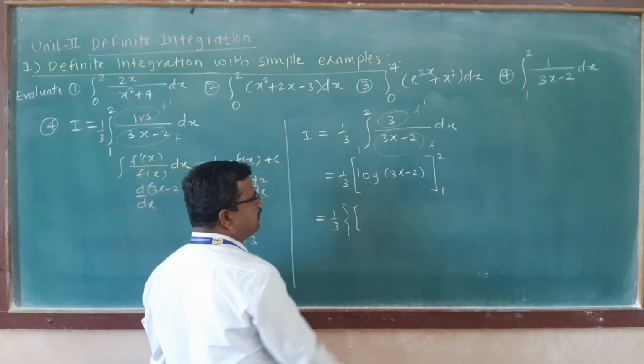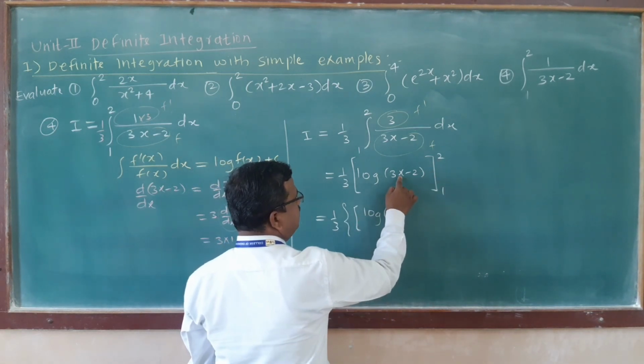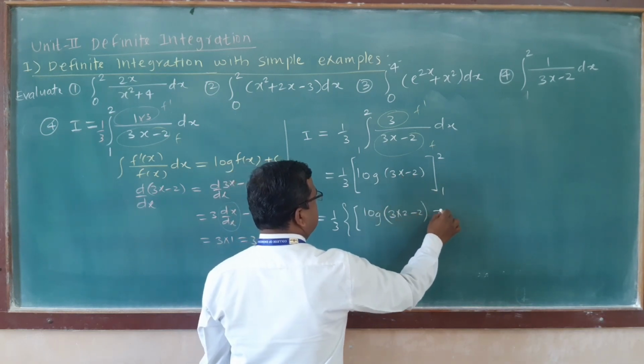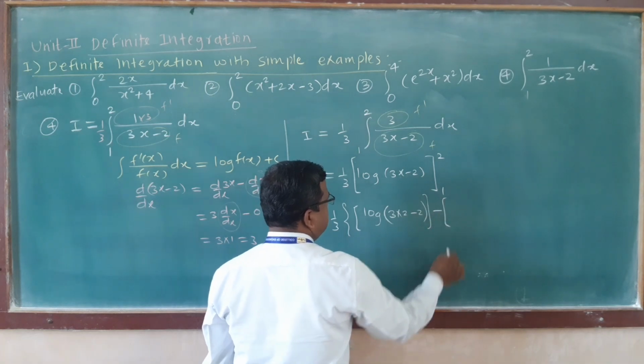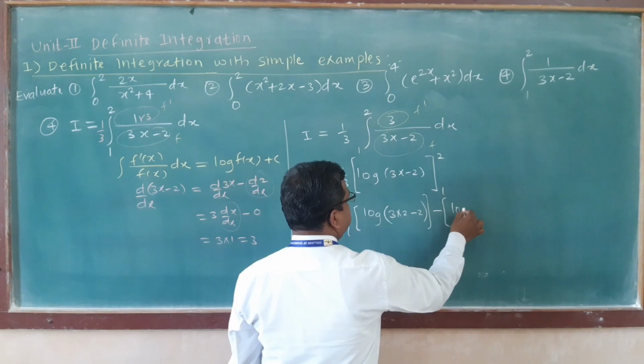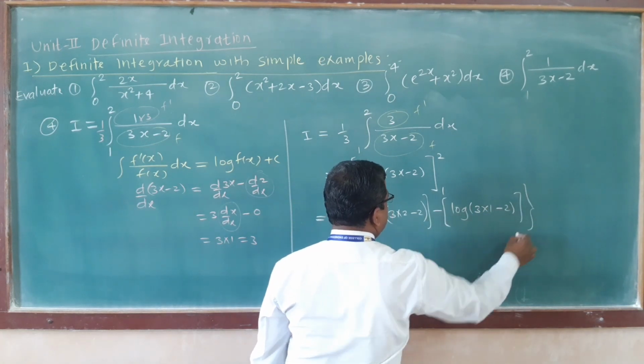Now put the upper limit, that is x equal to 2, log of 3 into 2 minus 2, minus, now put the lower limit x equal to 1, that is log of 3 into 1 minus 2.